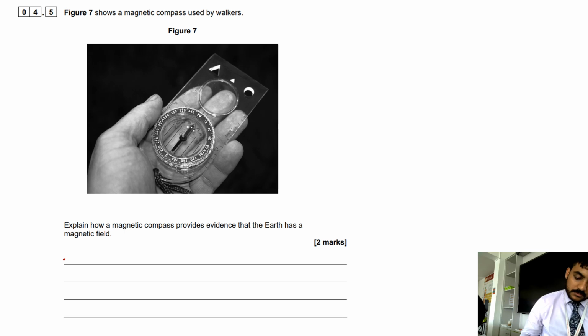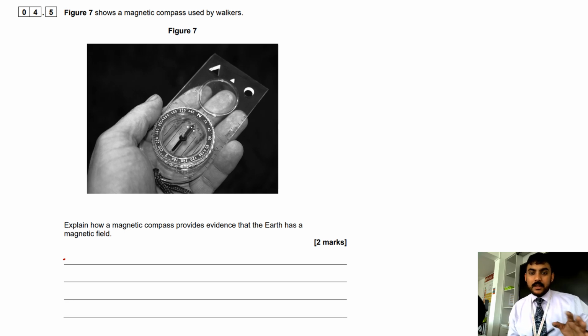So, you'll have seen compasses before in your lesson when we learned about magnetism. When we hold the compass in our hand, the compass itself is a permanent magnet with one side painted red, or it might have an arrow on one side, and that arrow, which would be the south pole of that magnet, would line up and face the magnetic north pole of the Earth.